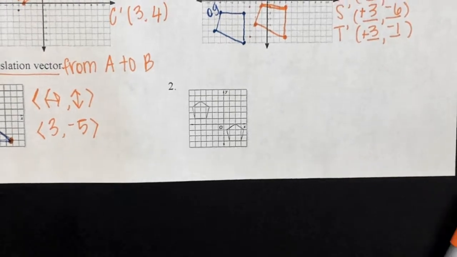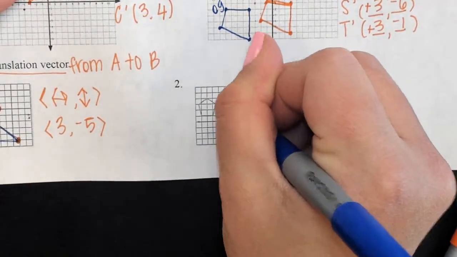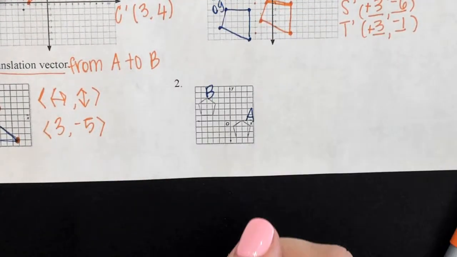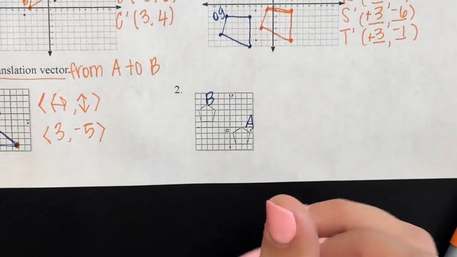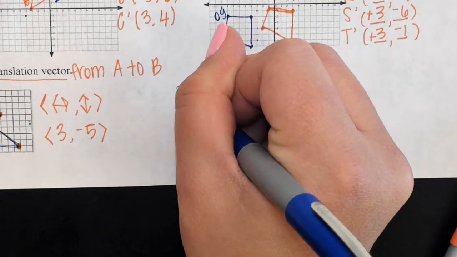Okay, now on 2, let's make this one A and this one B. Try it. Does not matter which point you start at, as long as you're consistent.